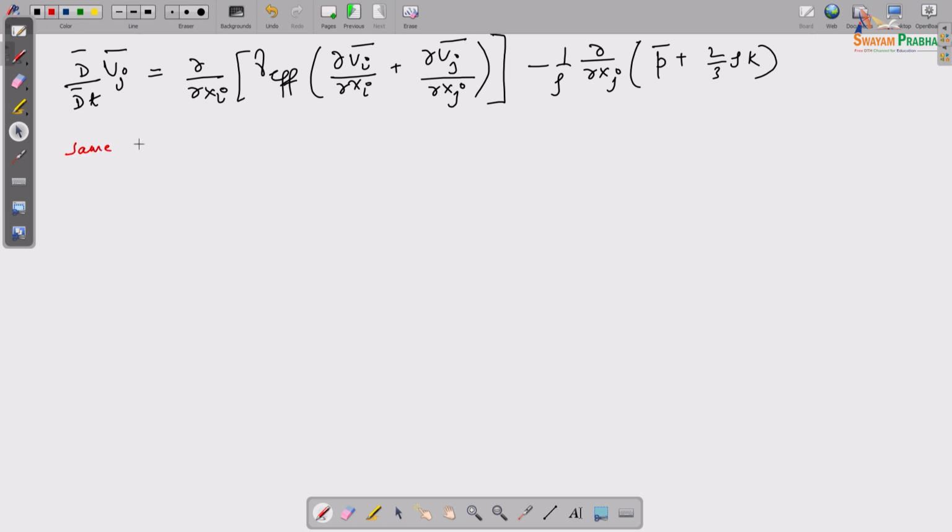It is the same as Navier-Stokes, except of course U replaced by the mean value, gamma effective in place of gamma, and P is modified.